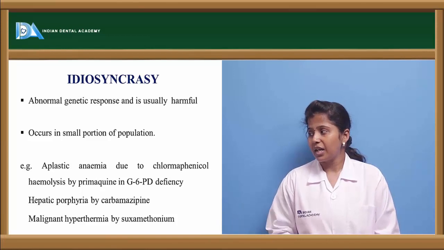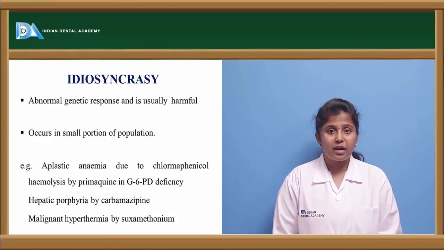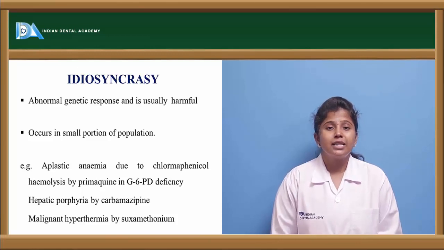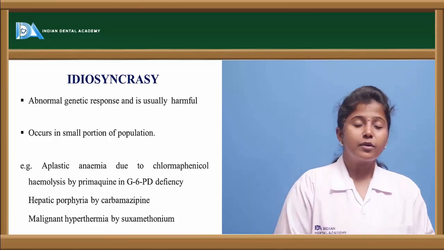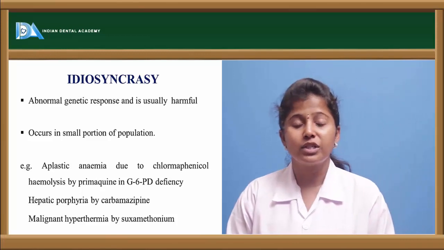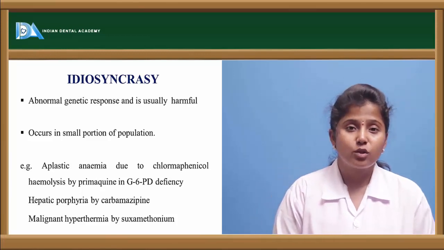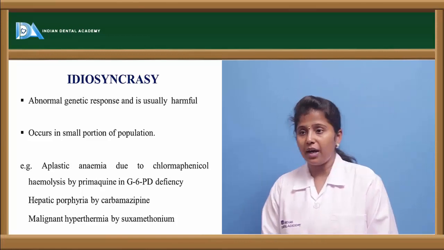The example is again aplastic anemia, which is shown by the drug chloramphenicol in glucose 6-phosphate dehydrogenase deficiency. If a person has glucose 6-phosphate dehydrogenase enzyme deficiency and takes chloramphenicol, that leads to aplastic anemia.